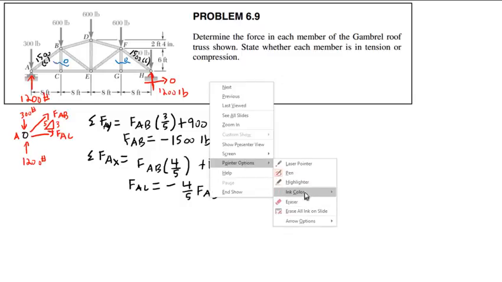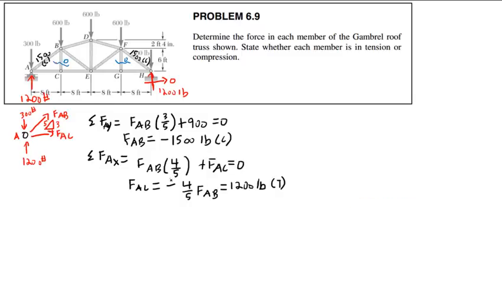Now check this out. So we have that. That's good. But now, 1,200 pounds tension. But this is a zero force member, which means this one has to be 1,200. Oh, and this one also has to be 1,200.